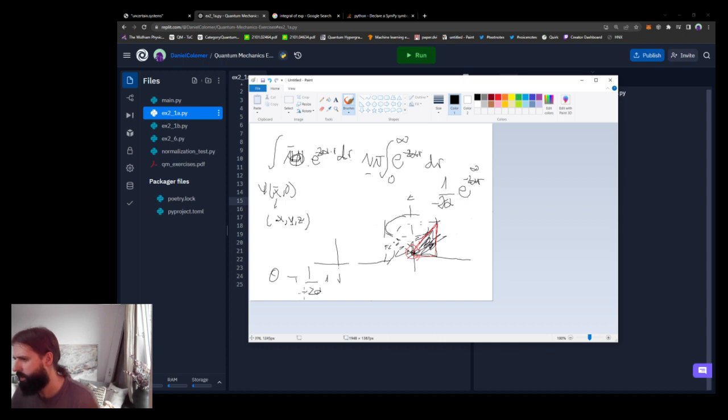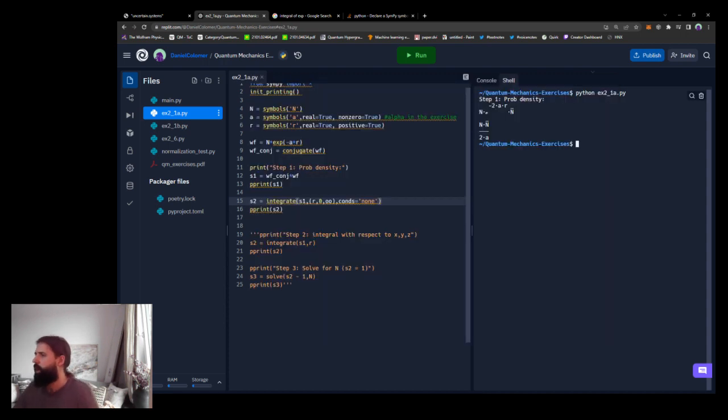So essentially, I think that's how you get to 1 divided by 2 times alpha.